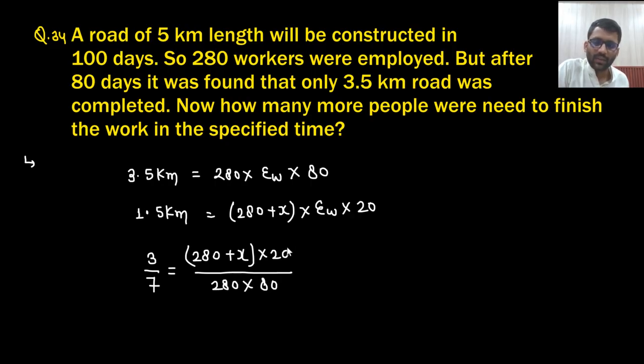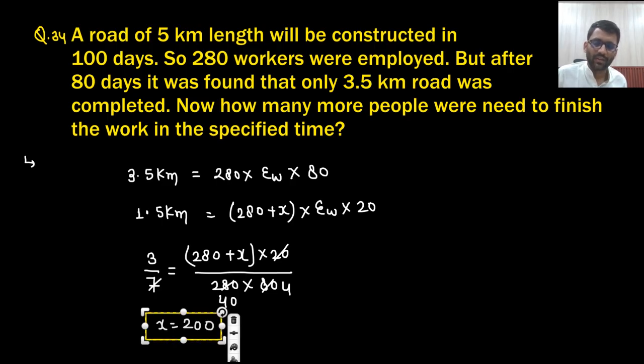So this would get cancelled and it would come 4. So let's see the calculation. This would be 40 only. So 160, 480. So X we are getting is 200. 200 more people you need to complete the work, right? Let's check the calculation.